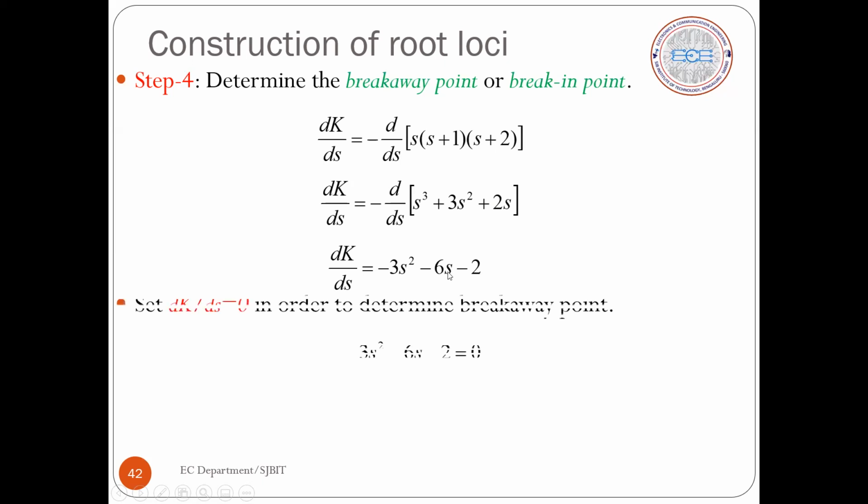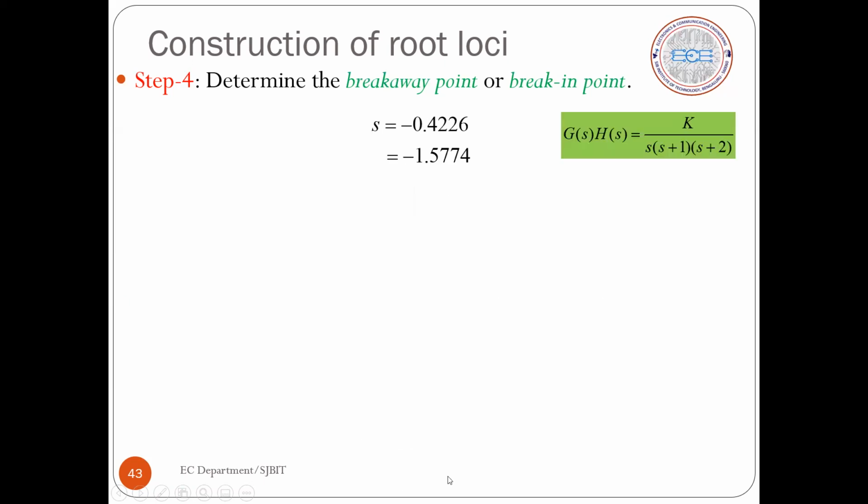You got this. Try to find the roots of this dk/ds, which gives the breakaway point. You got two roots. This quadratic equation you can solve. You will get the roots as minus 0.4226 and another one as minus 1.5774.